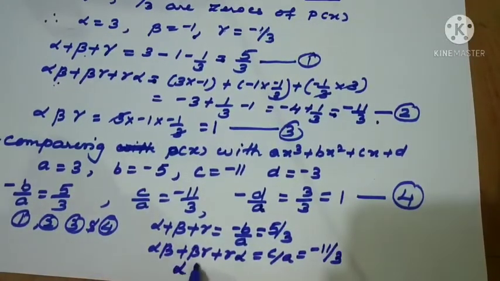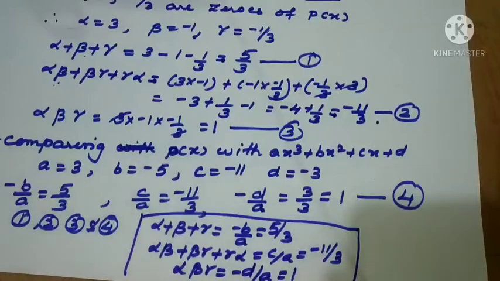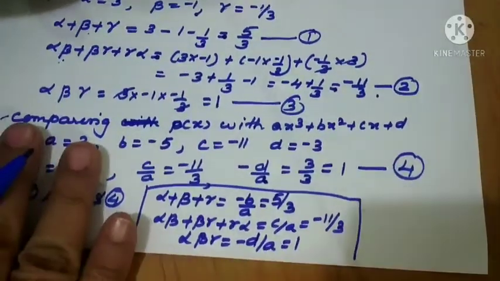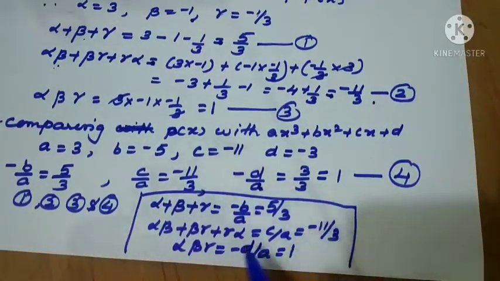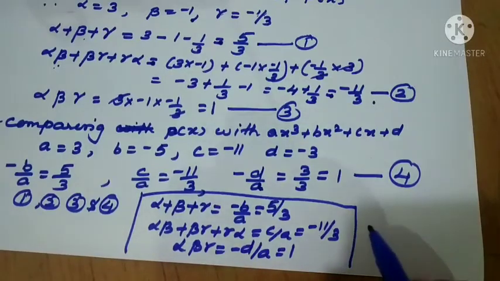Next, alpha beta gamma equal to minus d by a equal to 1. So we got 3 conditions now, right? Alpha plus beta plus gamma equal to minus b by a, that is 5 by 3. Alpha beta plus beta gamma plus gamma alpha equal to c by a equal to minus 11 by 3. Alpha beta gamma equal to minus d by a equal to 1.